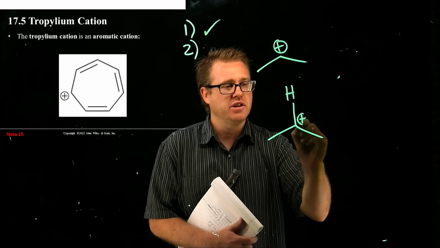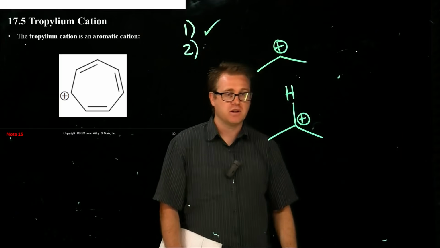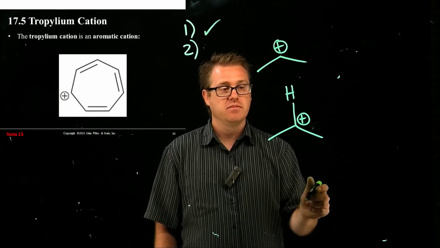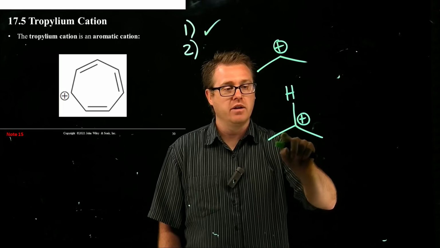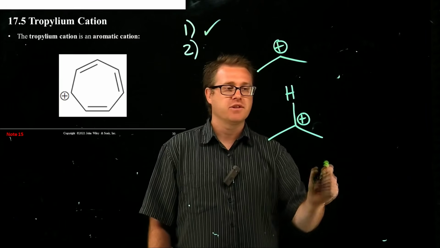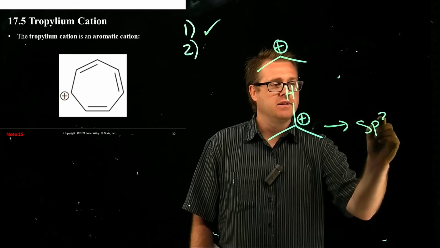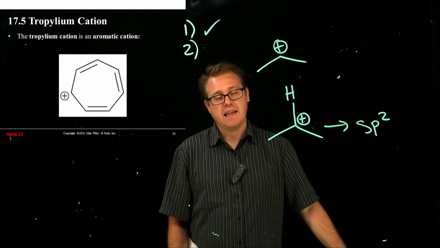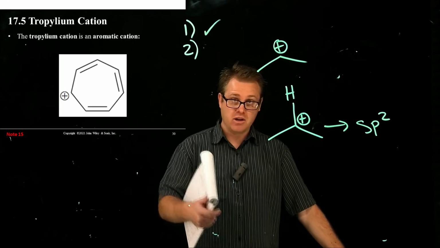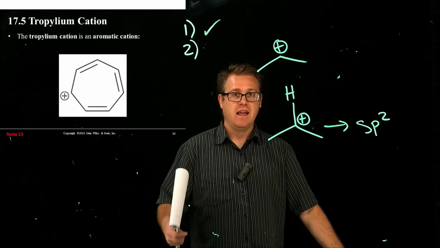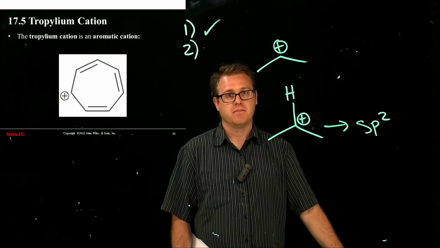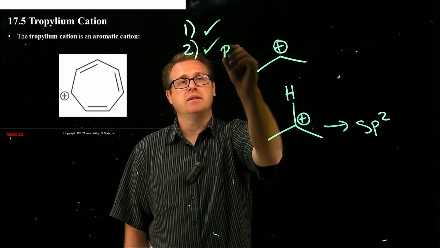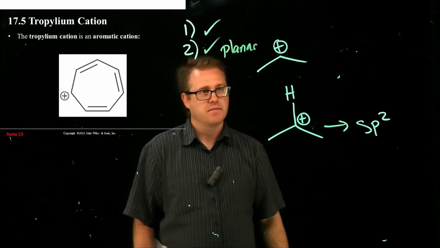If it's positively charged with a formal charge of positive, we know that there are 3 groups attached. So 1, 2, 3. If there's 3 groups, it's sp2 hybridized. So in the tropylium cation, every single carbon is sp2 hybridized. So yes, it is planar.